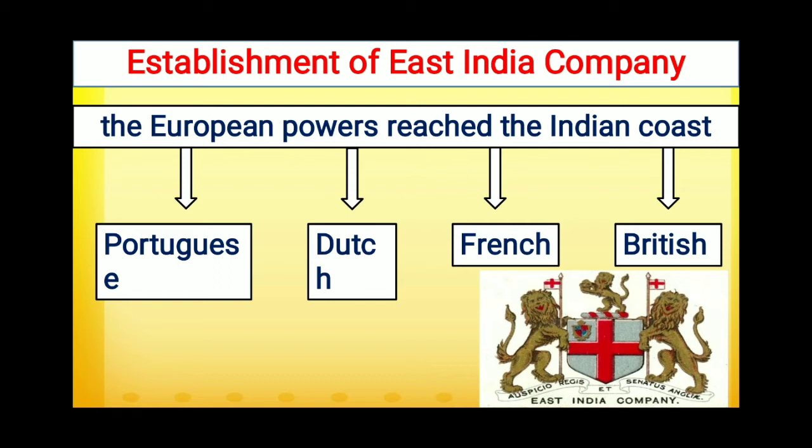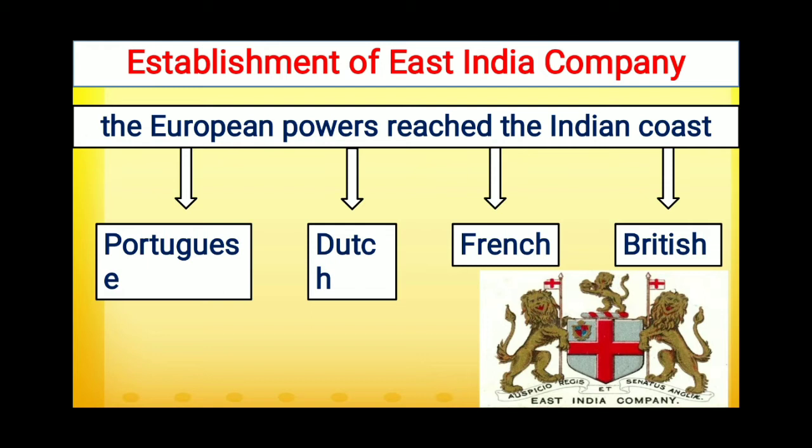So there was a fight between Portuguese and British, but then friendly relations developed between them. And to establish the domination over India, the British had to face opposition from French, Dutch, and also some local rulers.